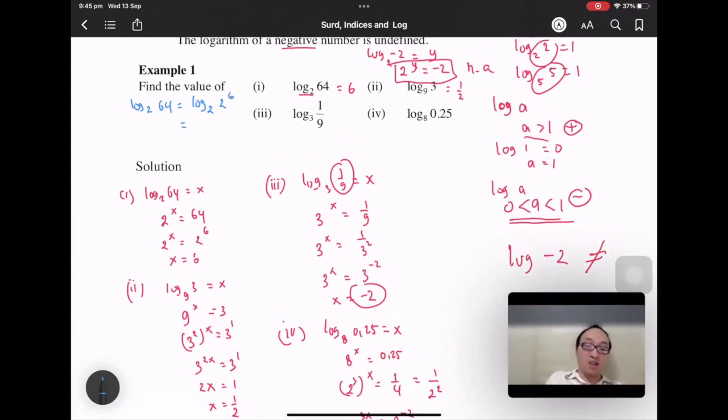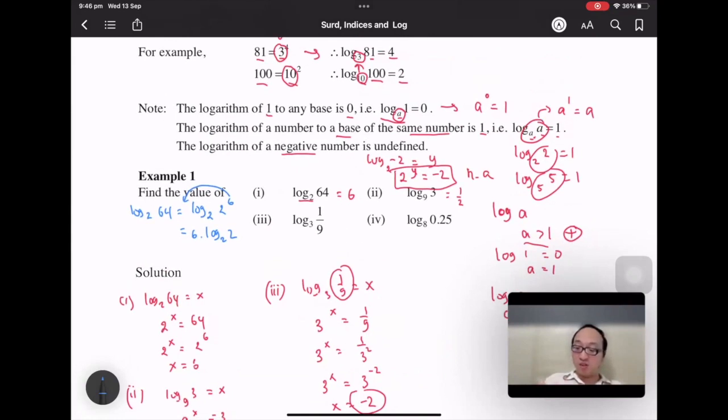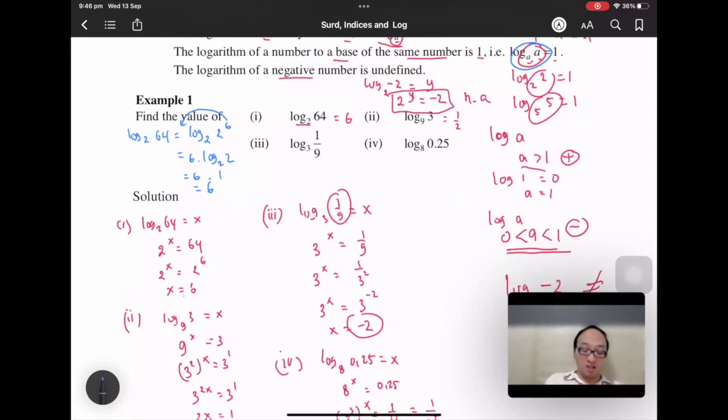Using law number 3, I can move the power to the front, so it's 6 log 2 of 2. Using this rule, if we have the same base and number, it equals 1. So this is 6 times 1 equals 6. So we can see that there is the same result.